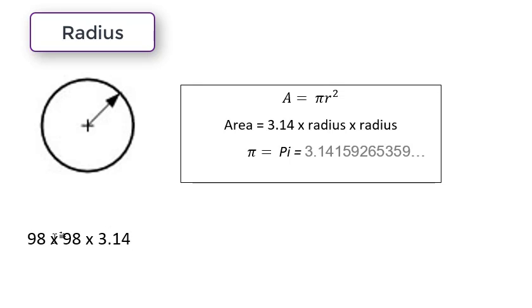Or we could have started off as 3.14 times 98 times 98. The answer is 30156.56. I'm going to plug that into a problem on the website and we'll see if it works.